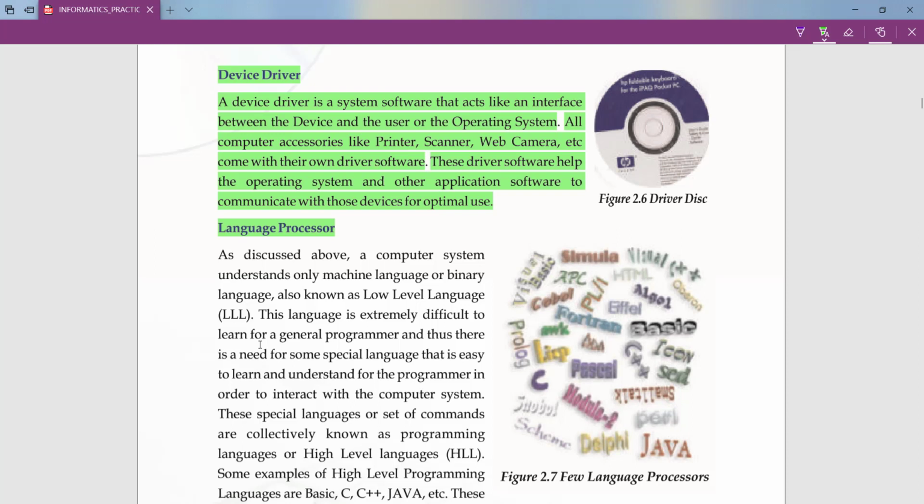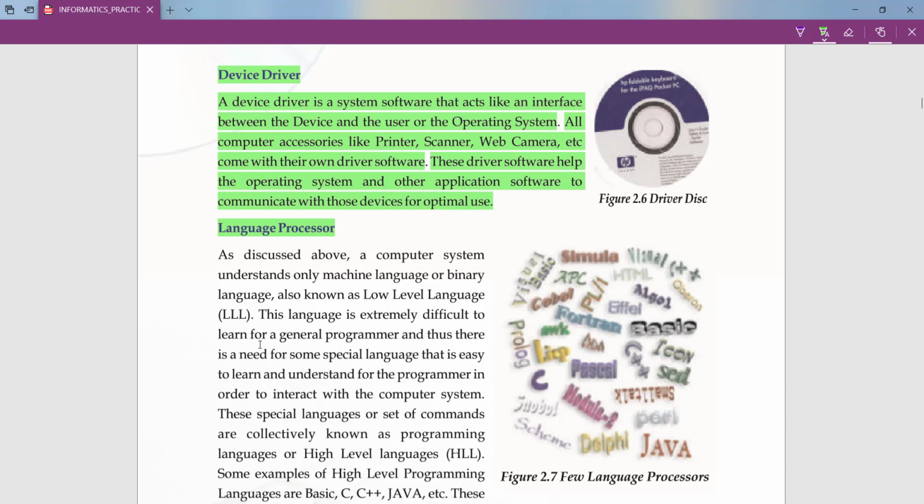It is very difficult and very complex to code any program in machine language. It is not possible. So we generally use our own language, which is called high level language. It is like our general language.